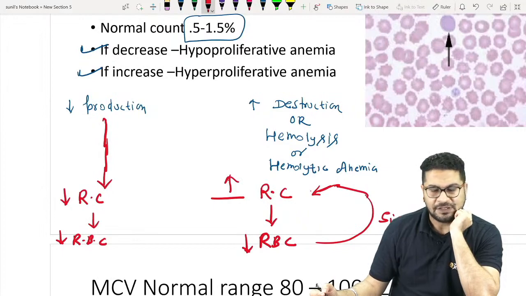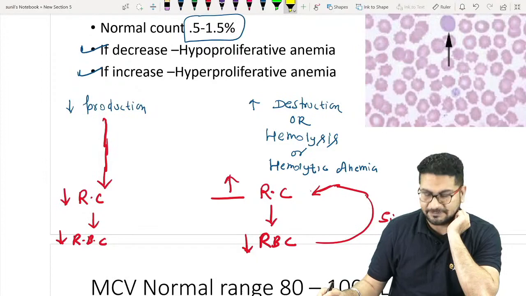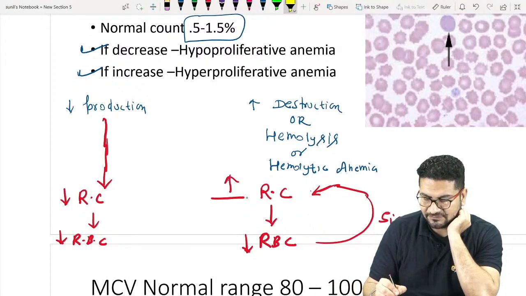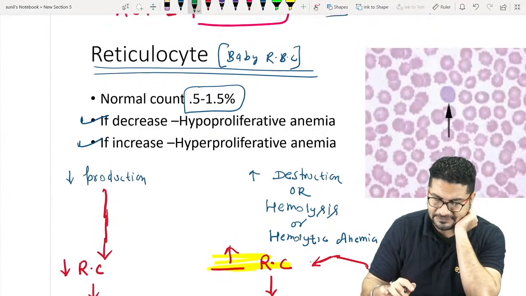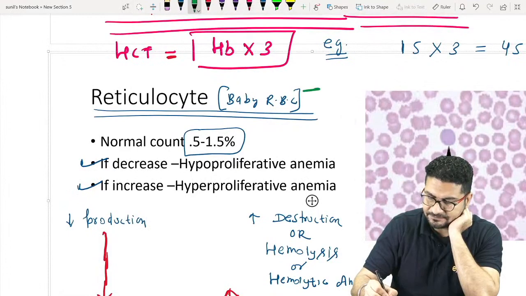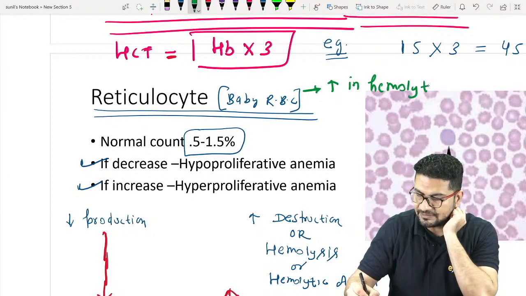Am I clear? So understand this, whenever you suspect hemolytic anemia, your next investigation will be reticulocyte count. So basically here I want to add one line, that is reticulocyte count. This will increase in which anemia? In hemolytic anemia.